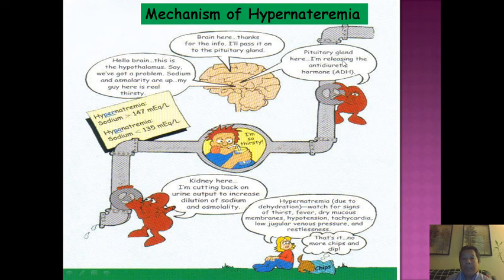The pituitary gland will be releasing antidiuretic hormone. So, once the antidiuretic hormone or the vasopressin is released, then the kidneys will try to conserve water in order to somehow dilute the blood and prevent it from being too concentrated.